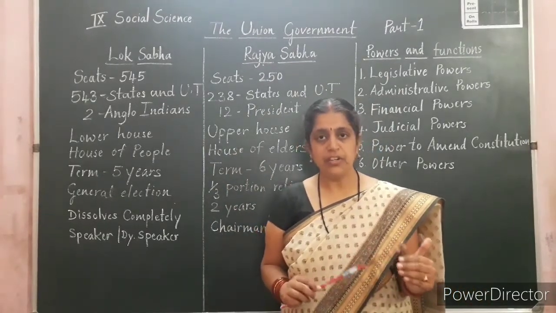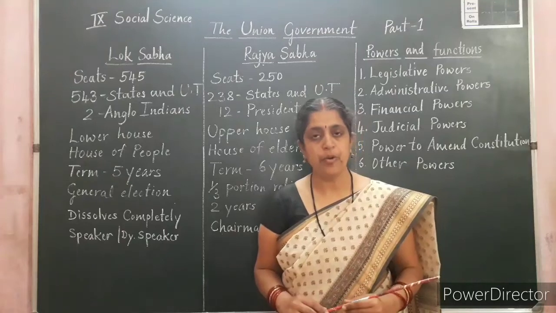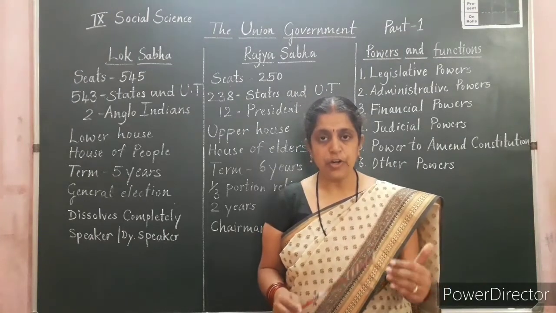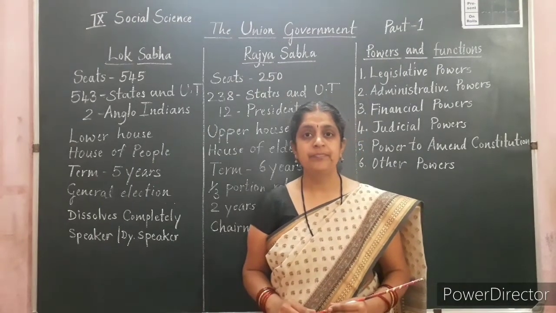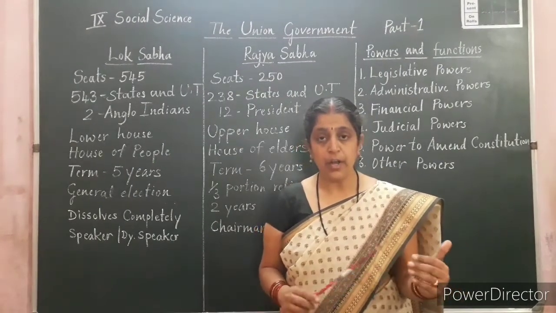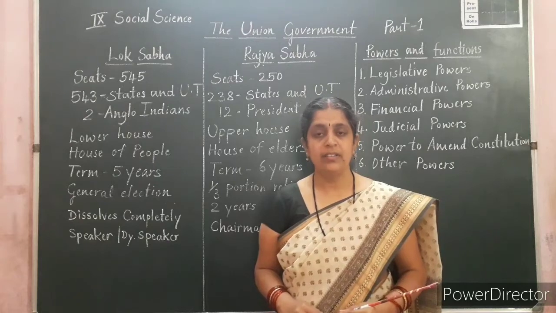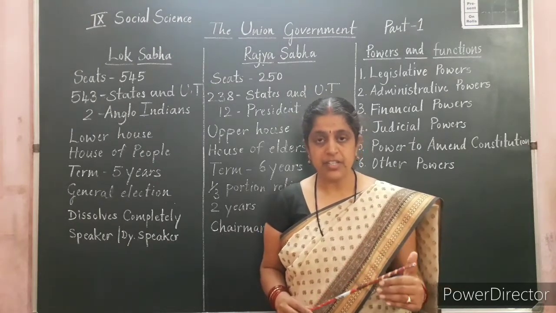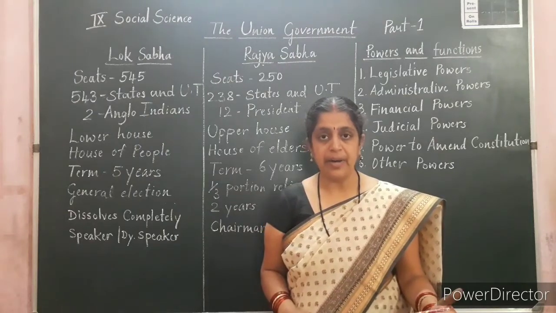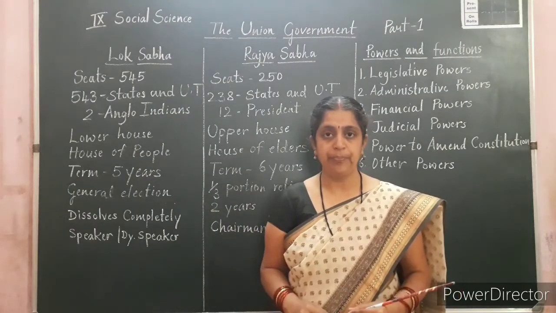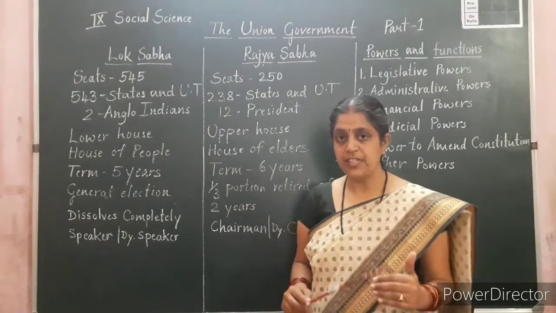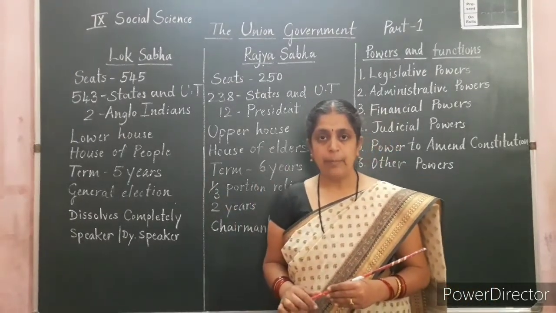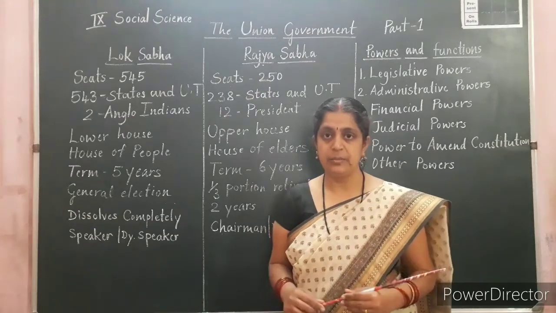He or she should not hold any office of profit under the government. The person should not be of unsound mind, and should not have been punished under law. Next, he should possess certain qualifications as specified by the parliament from time to time. Only the age differs.